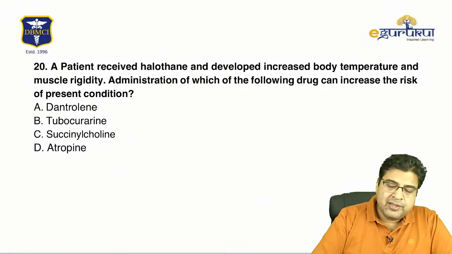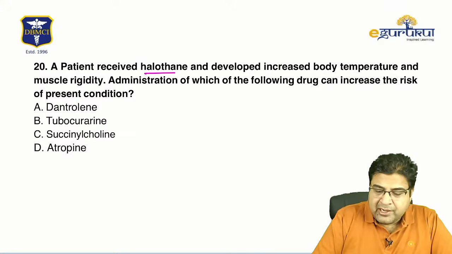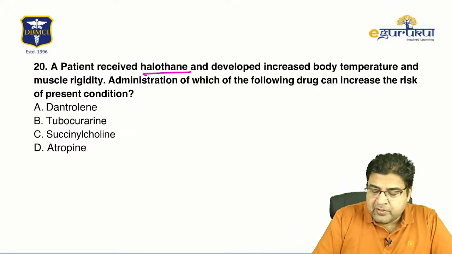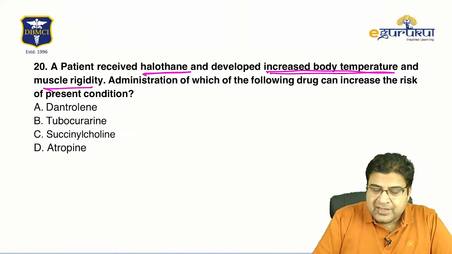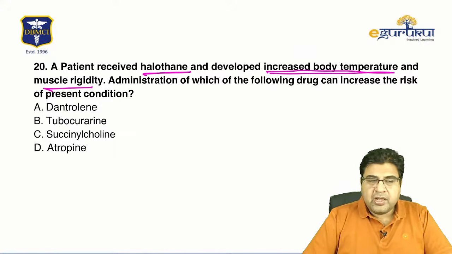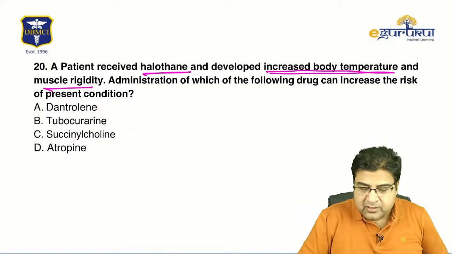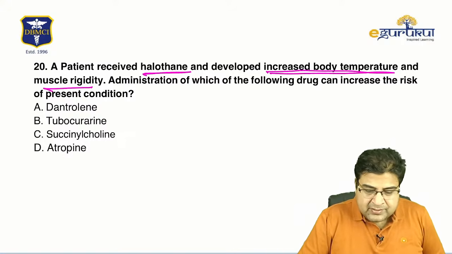Now question number 20. A patient received halothane and developed increased body temperature, hyperthermia and muscle rigidity. Guys, this is an anesthesia question. I don't know why it has come to pharma. Which medicine can increase the risk of this condition?